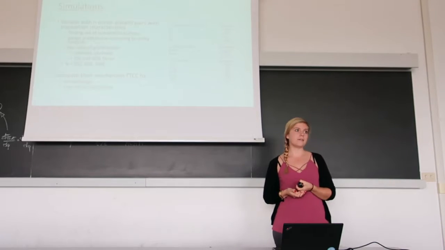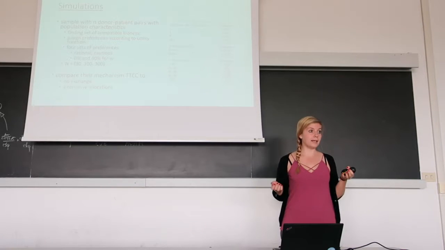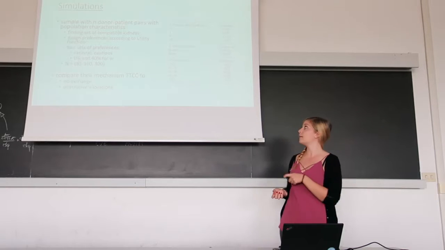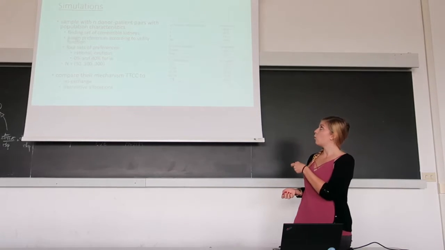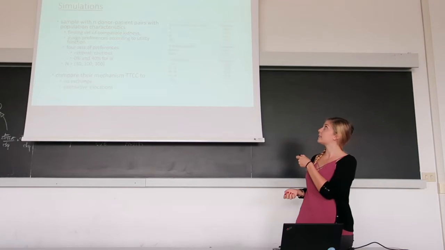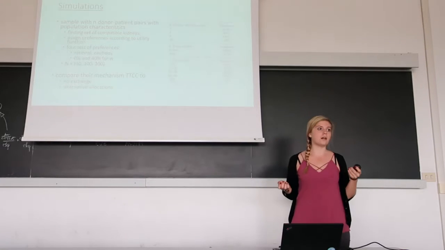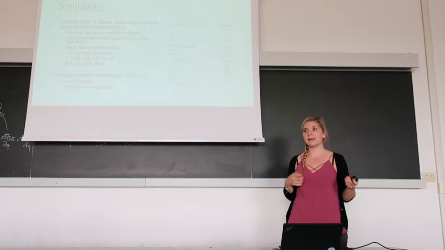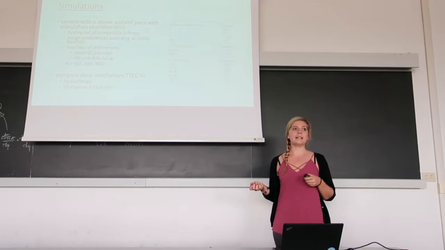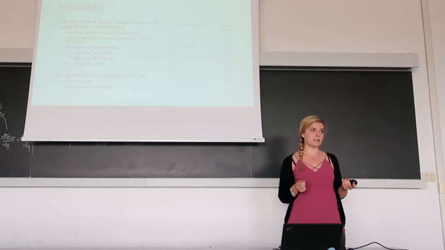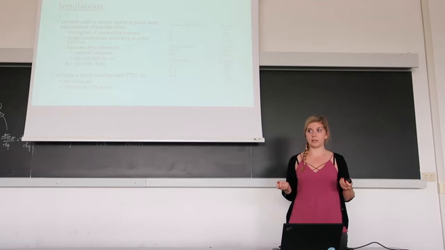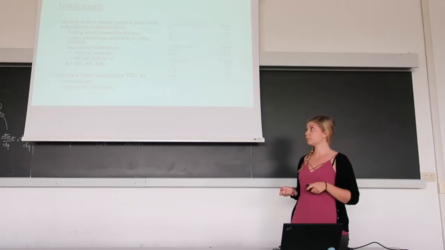They created a random sample of n patient donor pairs based on some population characteristics. This table on the right side here is just one part of it. For example, they had the data about how often certain blood types occur, how many male and female patients there are, and they just used non-relative data. So no family members are included in those simulations.